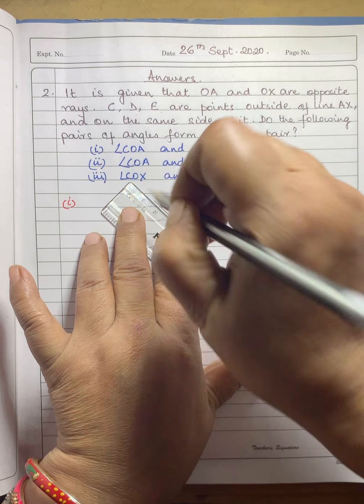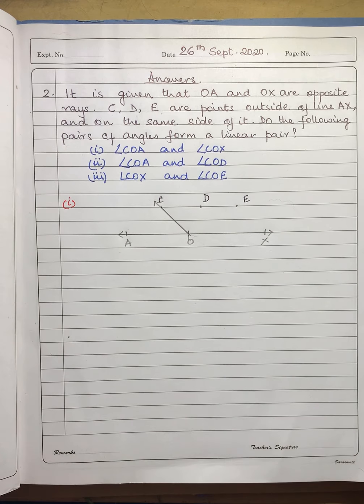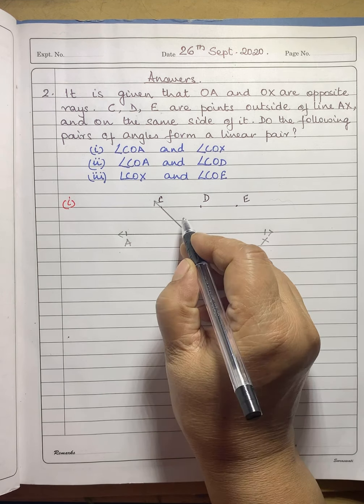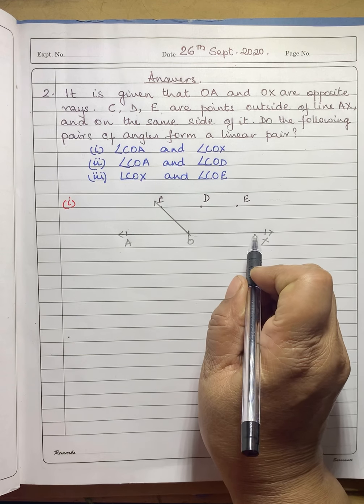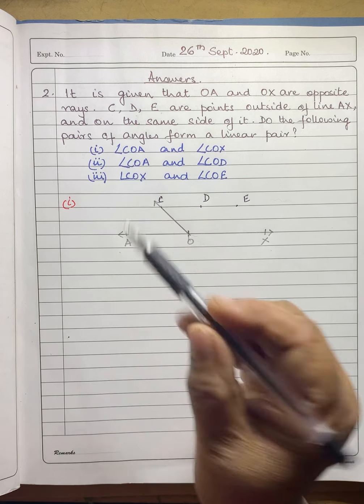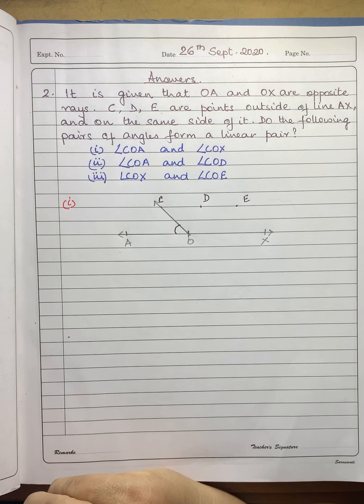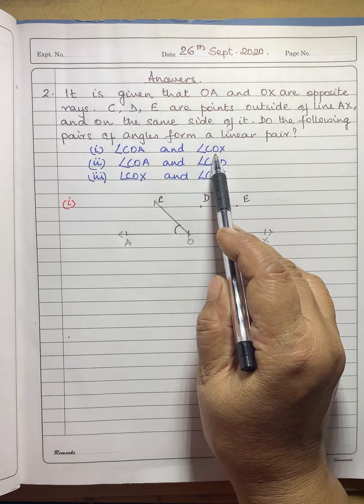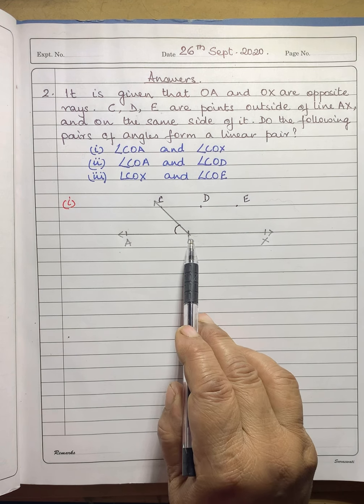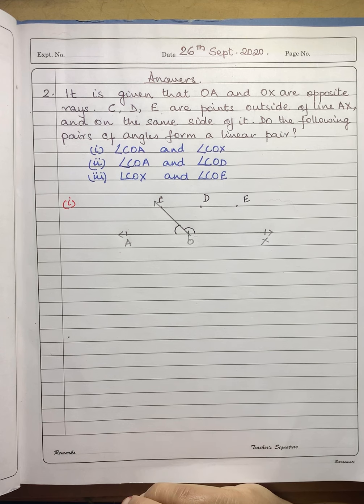Now if I join the point OC, I will get two angles on the line AOX. Now this is angle COA and this will be angle COX.